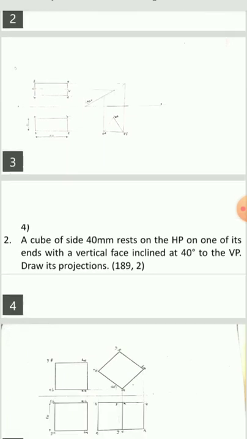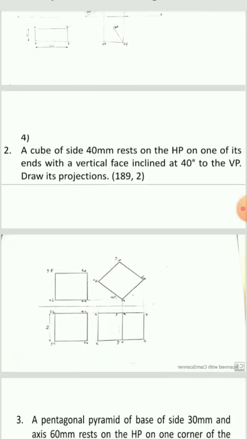That's it. Second question: a cube of side 40 mm rests on HP. One of its vertical end faces is inclined 40 degrees to VP. Draw its projection. A cube is placed on HP.